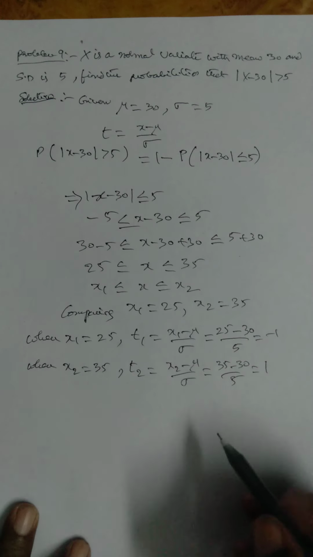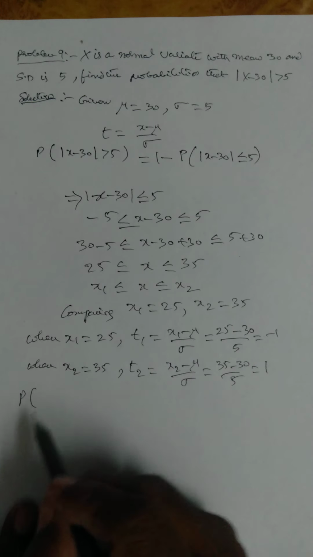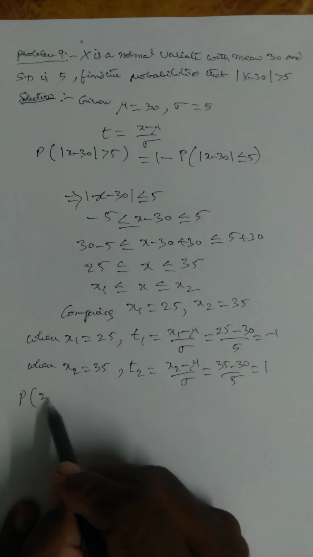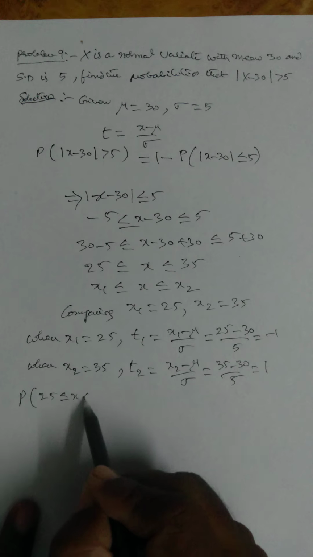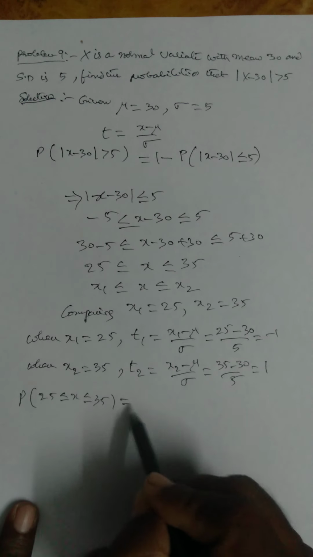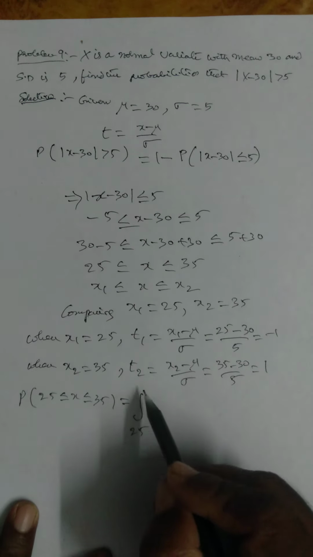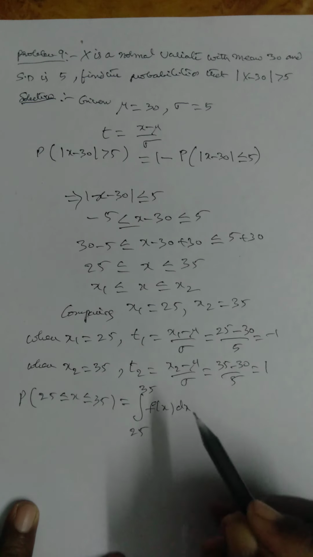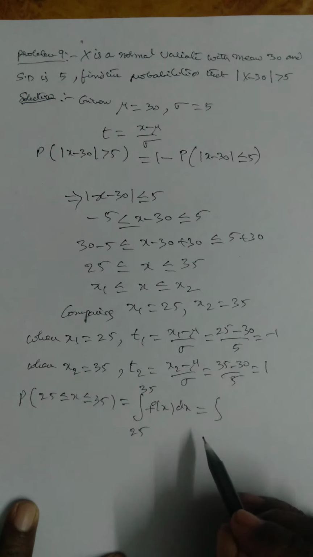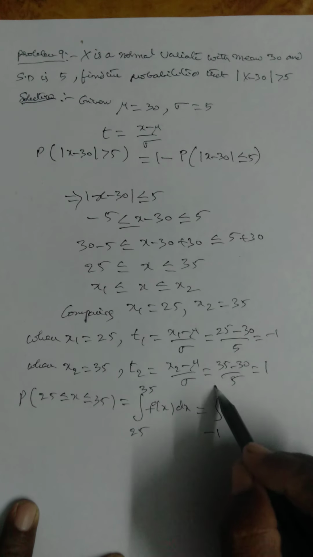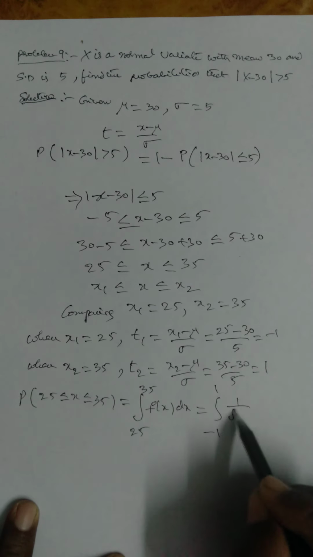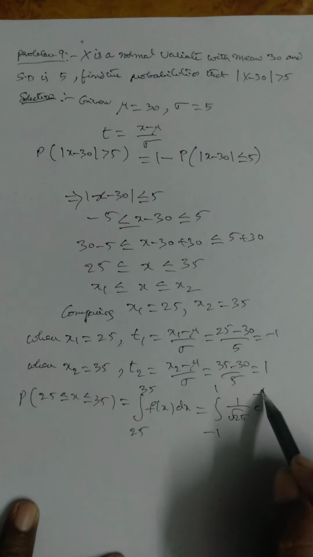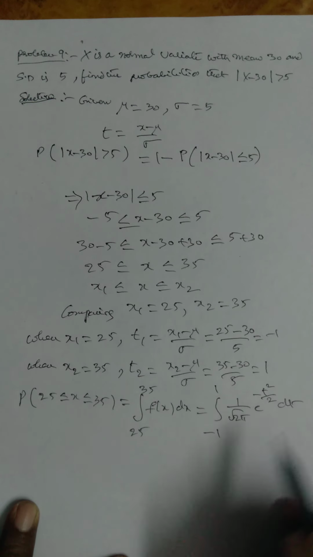So probability of 25 less than or equal to x less than or equal to 35 is equal to the integral from 25 to 35. Usual procedure, same procedure. T values minus 1 to 1, 1 by root 2 pi e power minus t square by 2 dt.